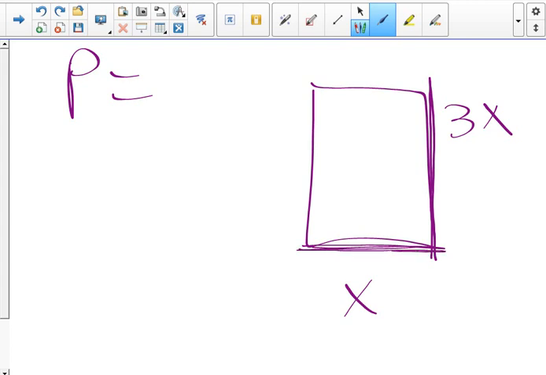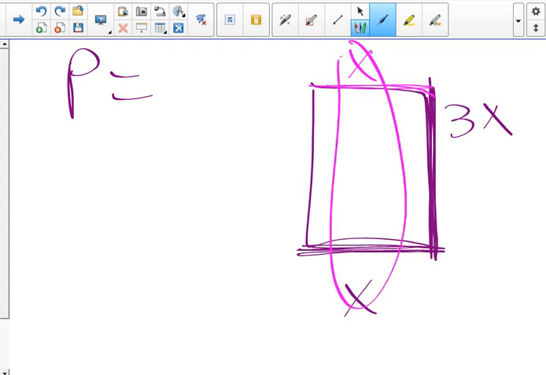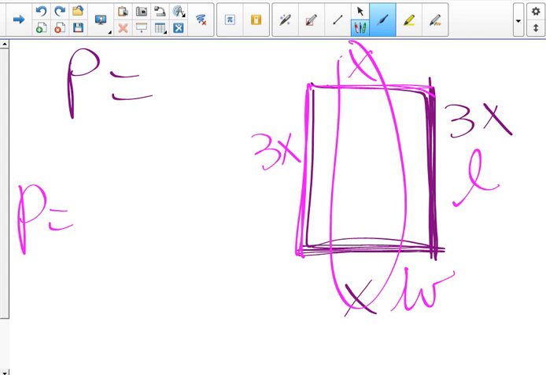The length of these sides. So x plus 3x plus another x. So that's what gives you the 2x plus 3x. And if you call this the length and this the width, then what do we say? We say the perimeter is 2 times the length plus 2 times the width.